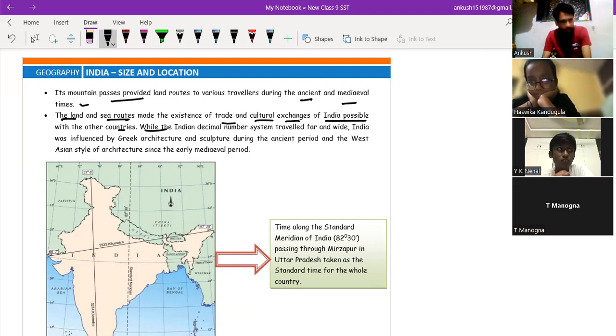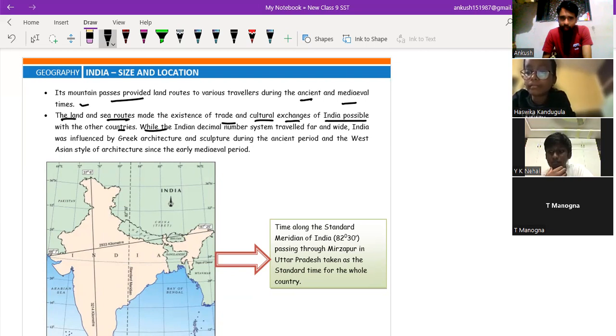Many countries are developed only because they have developed their technical and philosophical knowledge. That is why they are more ahead than us.